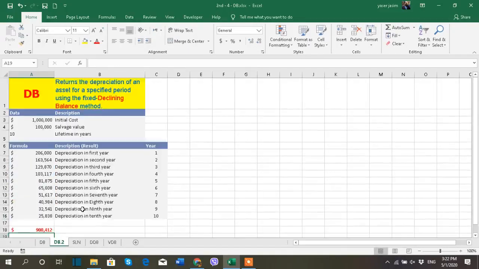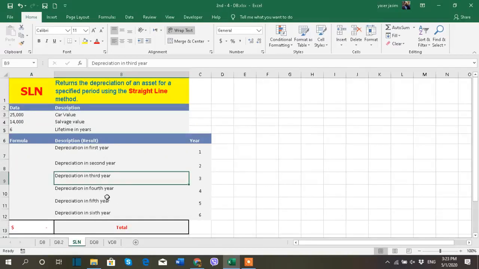I'm going to see that it is almost the salvage value that I gave, if we subtract it from there. This is the depreciation for any asset that you have with a salvage value and a lifetime using the fixed declining balance method.